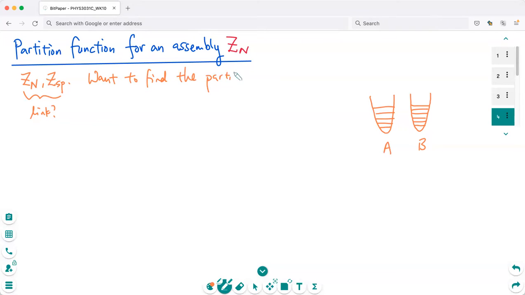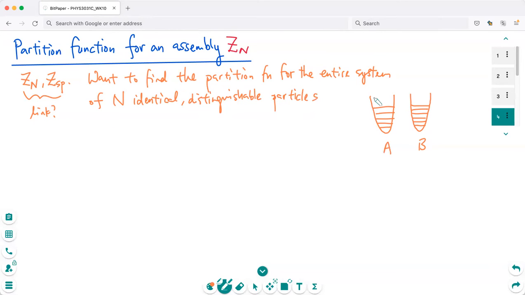I need to first write down Z sub N. I want to find the partition function for the entire system of N identical, comma, distinguishable particles.